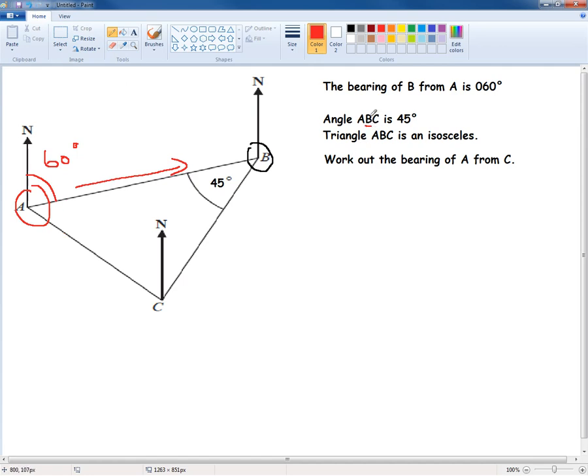In this case it's B, so the angle at point B. If they wanted to talk about the angle at point C, they could put ACB. It's always the letter in the middle that is the angle they're talking about. So angle ABC is 45 degrees, so this angle here is 45 degrees.